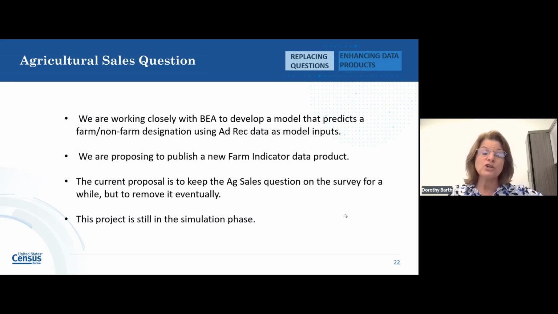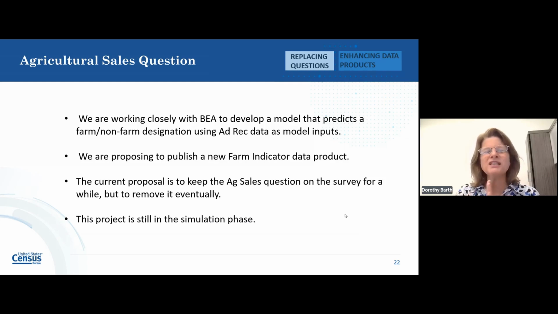So we've been working closely with BEA to develop a model with, I think, four different sources of ADREC data as inputs to predict farm, non-farm designation. We're proposing to publish a new data product that's a farm indicator alongside the ag sales question, with the intention of hopefully down the road being able to remove that ag sales question.